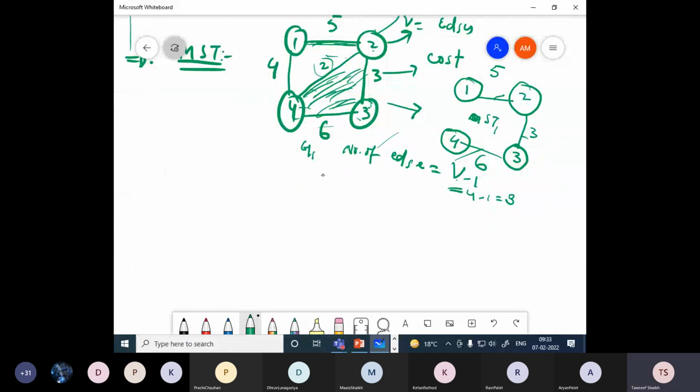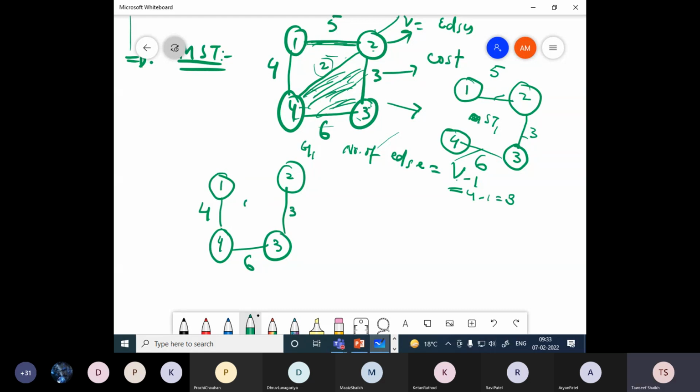But now if we start from 1, we go to 4, from 4 we go to 3, from 3 we go to 2, with corresponding costs attached to every edge.